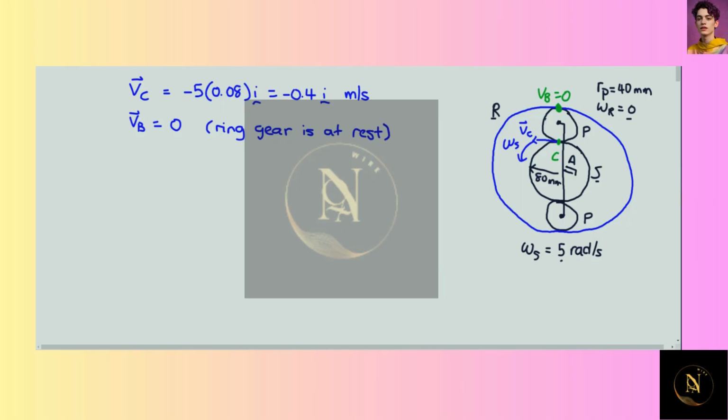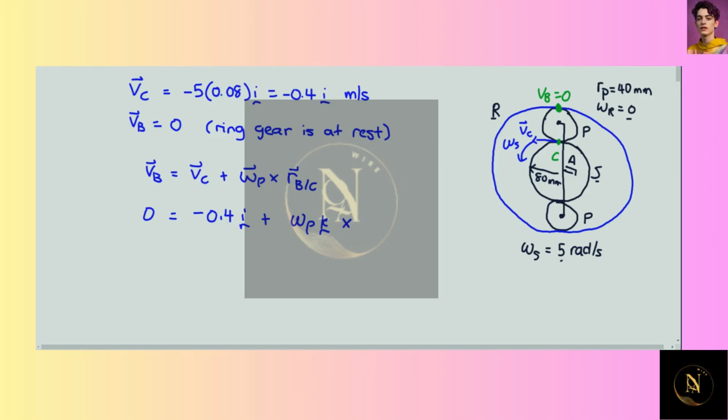Then we can find the omega of P. Because B and C lie on the planetary gear, we can say VB equals VC plus omega P cross R B relative to C. And then VB is 0, VC is minus 0.4 I plus omega P, assume positive, cross RBC.